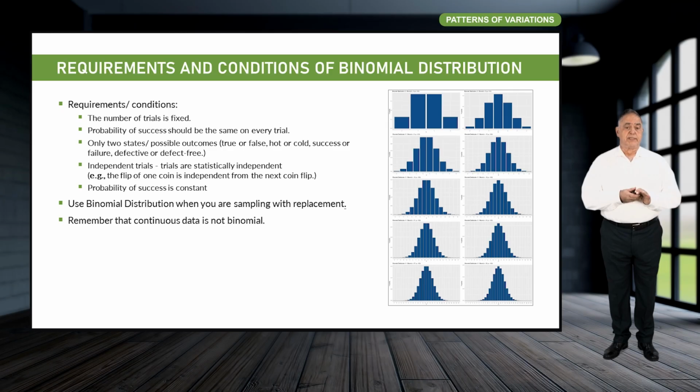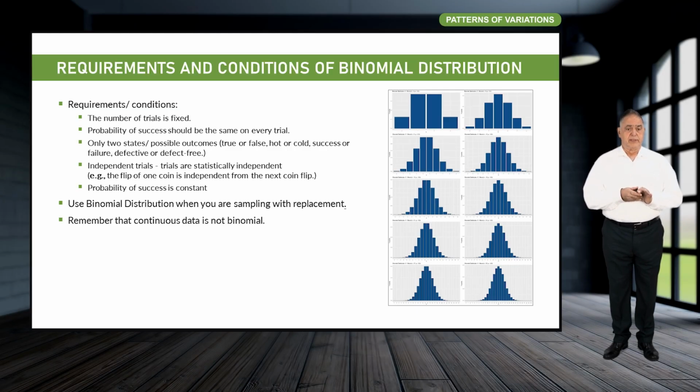Probability of success should be the same on every trial. Only two possible states or possible outcomes, true or false, hot or cold, success or failure, etc. So we have two possible outcomes.